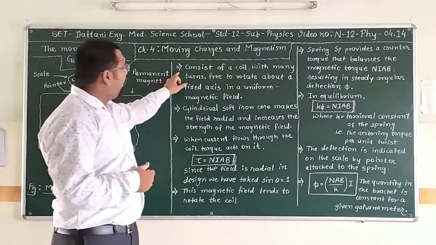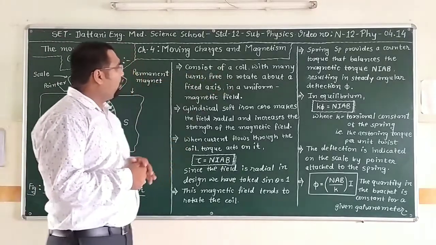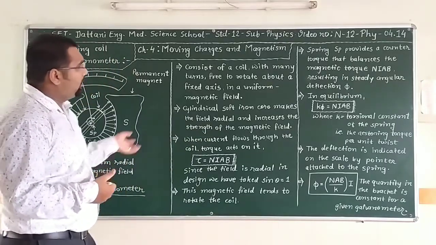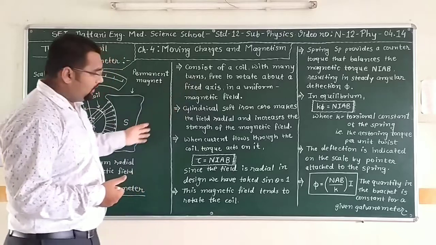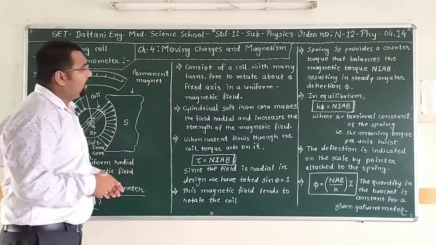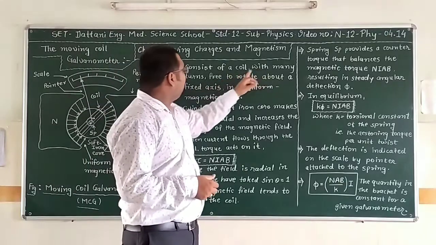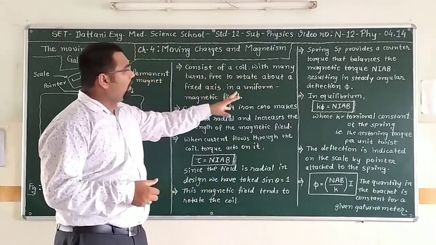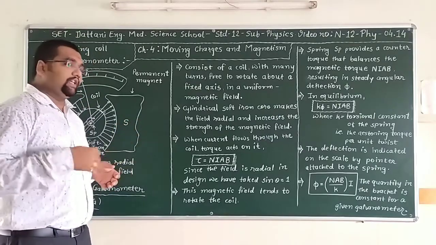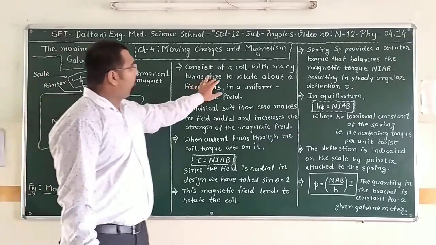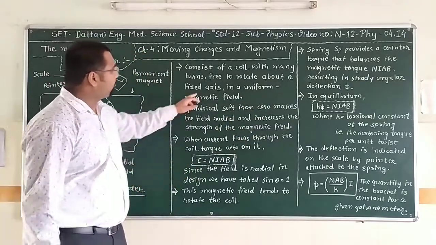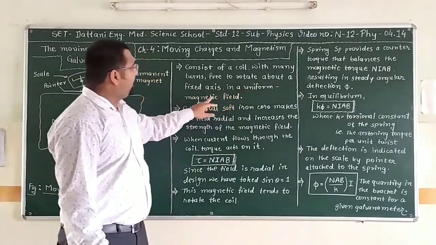So the first point is the coil. This galvanometer consists of a coil with many turns. There are so many turns in the coil in an actual galvanometer. The coil is free to rotate, adjusted in such a direction that it can freely rotate about its fixed axis in a uniform magnetic field.